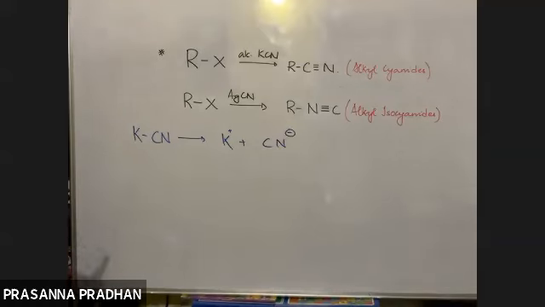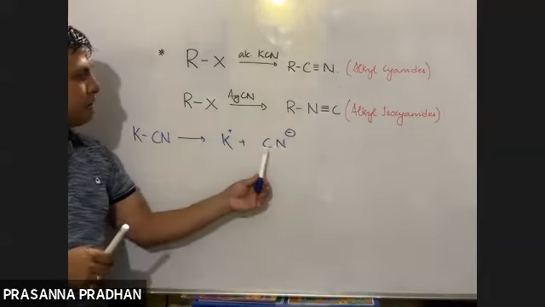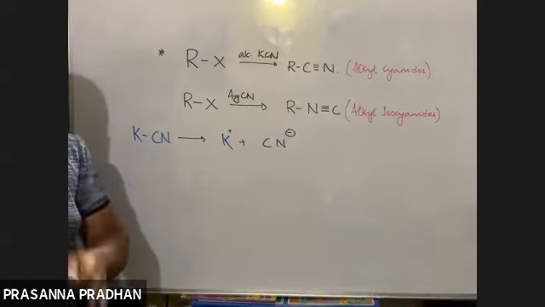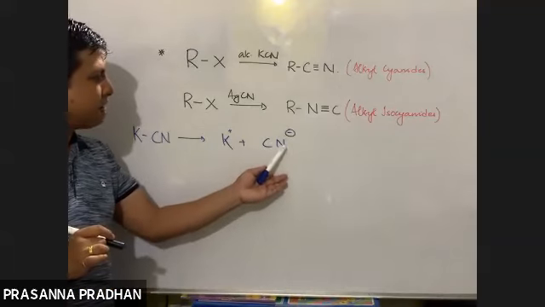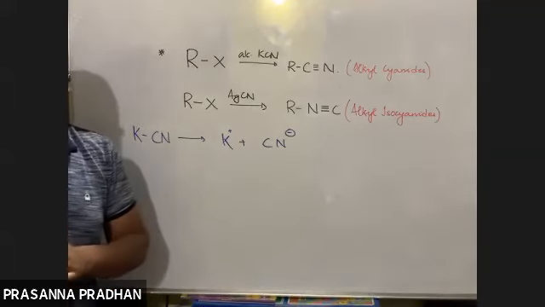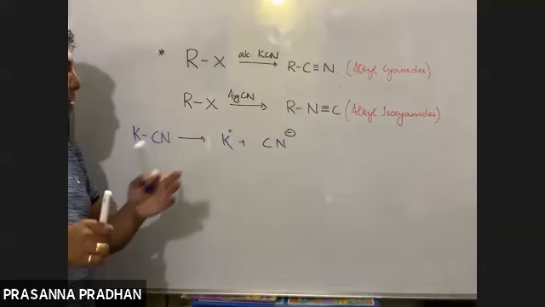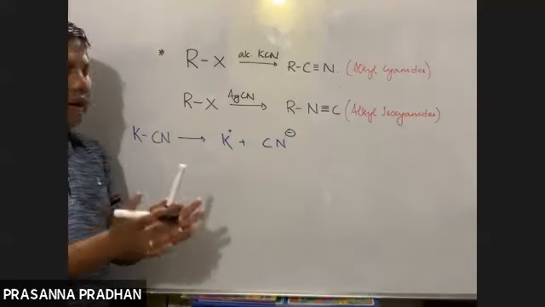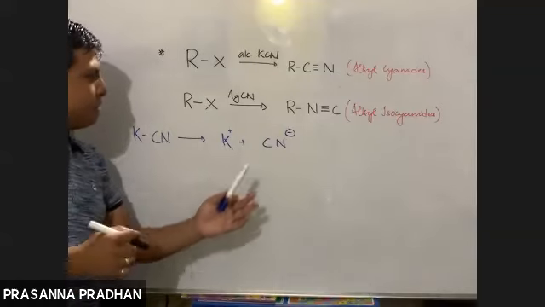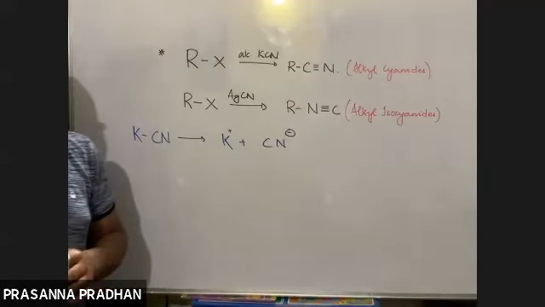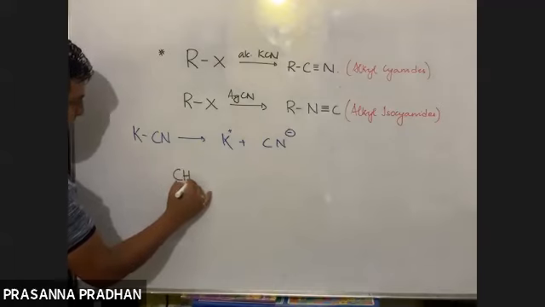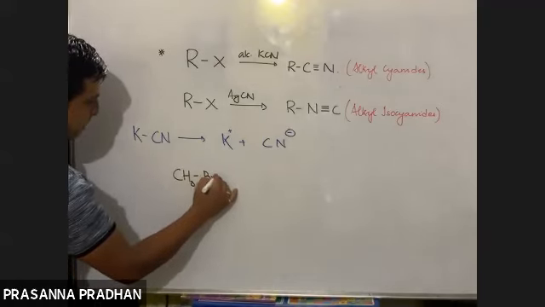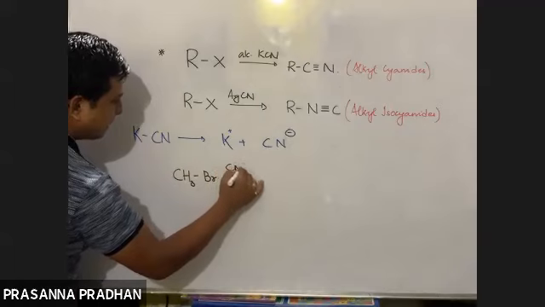Now, I told you before, this is an example of an ambident nucleophile. It means it can form a bond either through the carbon atom or through the nitrogen atom. The nucleophiles which have two donor atoms which can form a bond through two atoms are known as ambident nucleophiles. Suppose I treat this with CH3Br, we have CN negative out here.